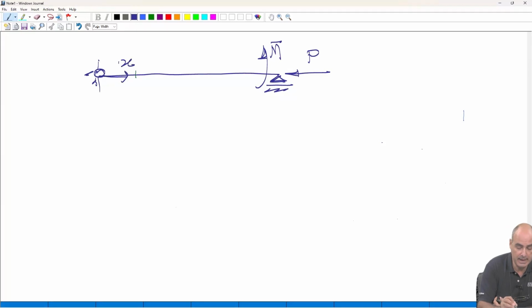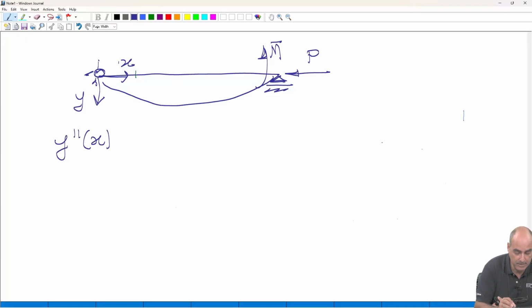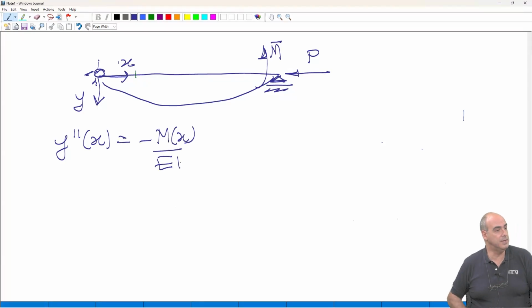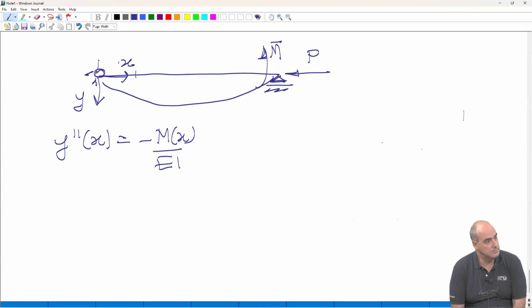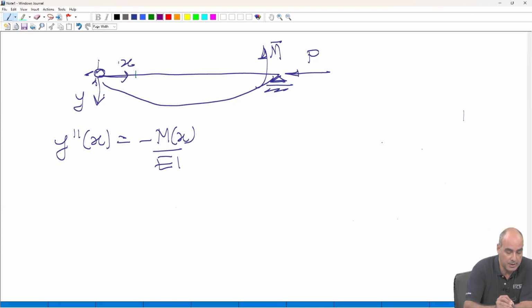So if I put my x-axis here and my y-axis here, and this will be the deformation of my beam, I have to write my equation here. What will this equation become? Here I have a force which is M over L, and here I have a force which is M over L. These are the reaction forces, and this is P.